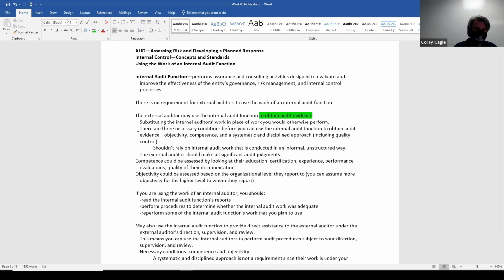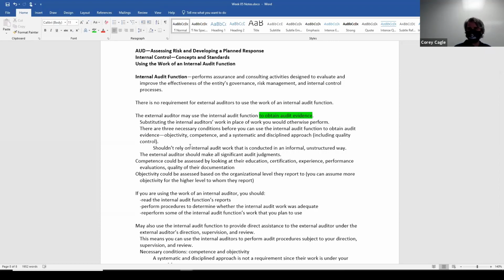We can substitute some of their work in place of some of the work we would otherwise perform. So we can rely on some of their stuff, but there are conditions. There are three necessary conditions before we can use their work as some of our own evidence. We need to check objectivity, competence, and make sure there's some systematic and disciplined approach, including quality control.